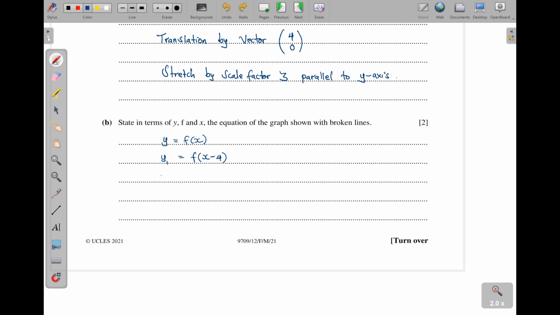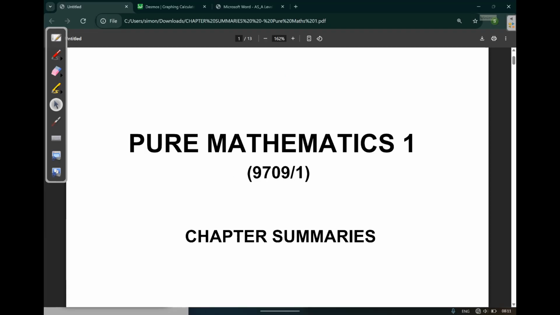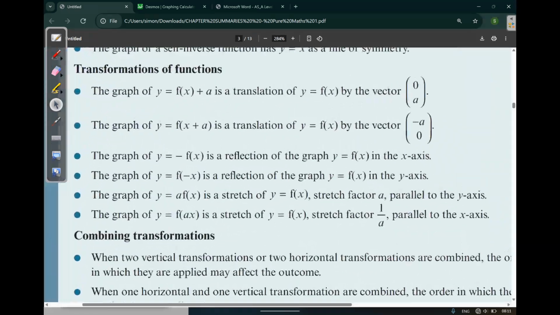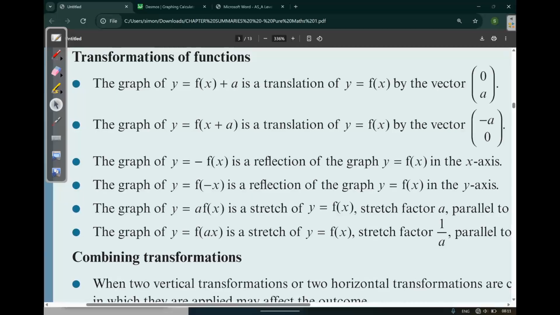Then y2 is going to be the stretch. We are multiplying. It is just a multiplication, so 3 into this one here. In my chapter summaries in functions for transformations, I want you to look at the stretch. If we are getting the function and we are multiplying it by a scale factor, that is a stretch by a factor a parallel to the y-axis.